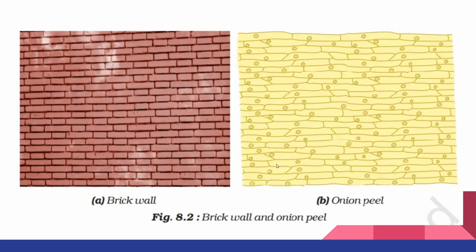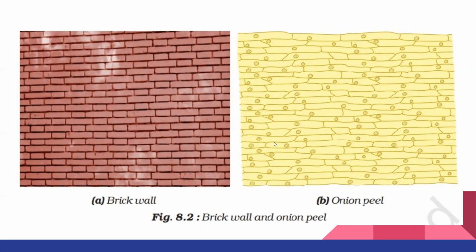Now understand, this is the structure of the onion cell. There are so many boxes, each one is called a cell, and every cell has a central portion which is called the nucleus. Each one has a separate wall or partition, and all these boxes look somewhat the same.